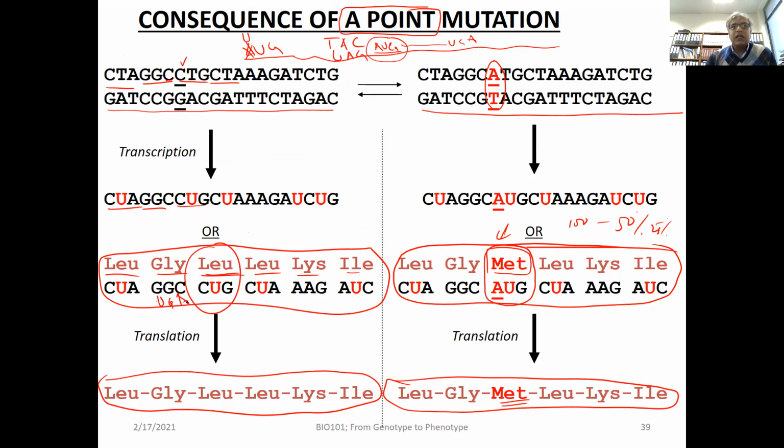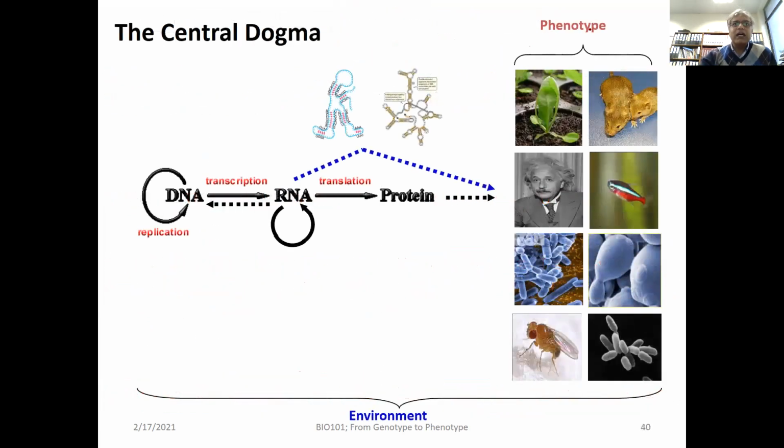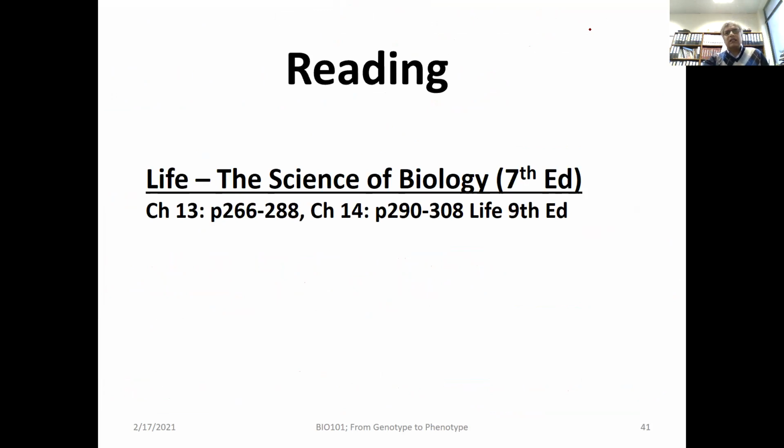Okay. The ribosome started, but due to this premature stop codon, no protein is being made. And such a point mutation is called nonsense mutation. So with that, we are done with the central dogma.